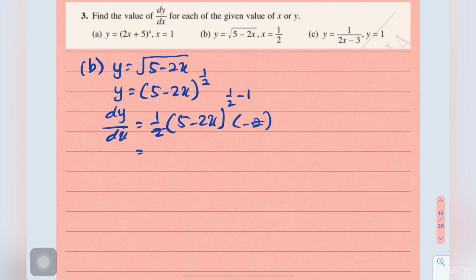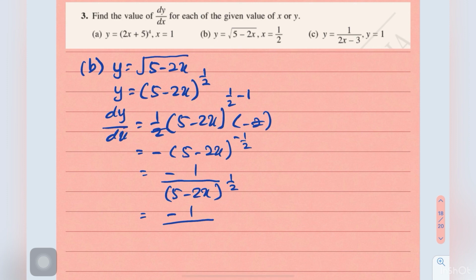Here we have negative (5 minus 2x) to the power of negative 1 over 2, meaning negative 1 over (5 minus 2x) to the power of half, or negative 1 over square root of 5 minus 2x.